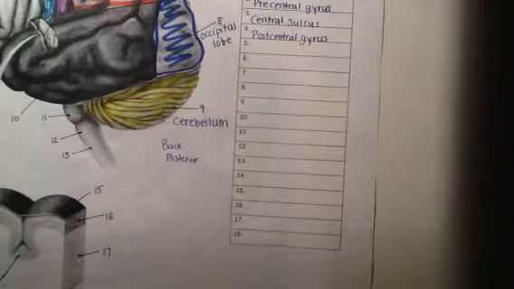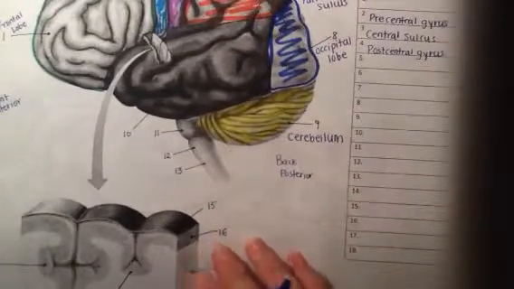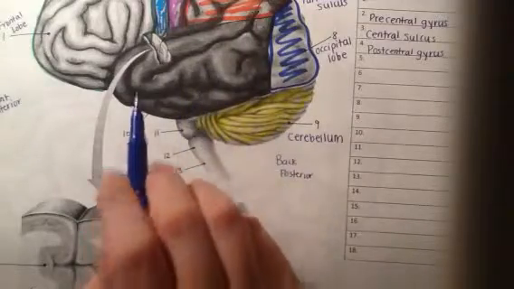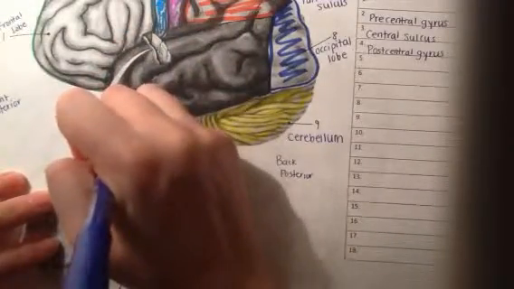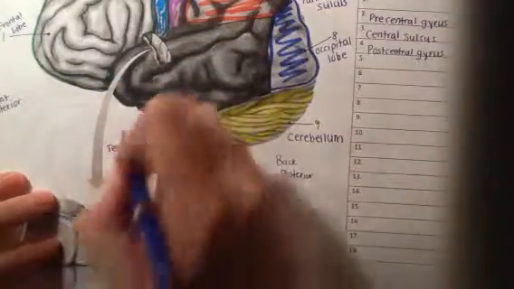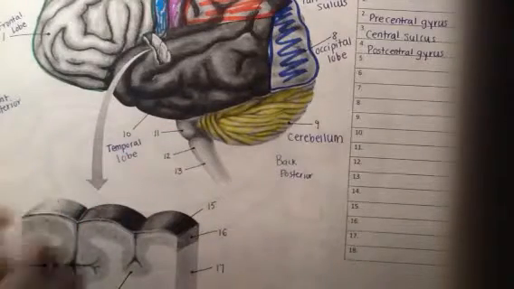Your cerebellum. Number 10, I'm going to go to 10, then I'm going to do 11, 12, 13. Number 10 is your temporal lobe of the brain. And I'm just going to leave it that dark color because I can't color over it. That's your temporal lobe, right where your temporal bone is.